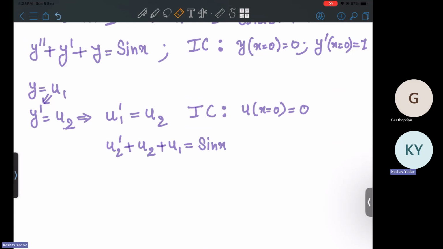This can be rewritten as u2 prime equal to minus u2 minus u1 plus sin x.